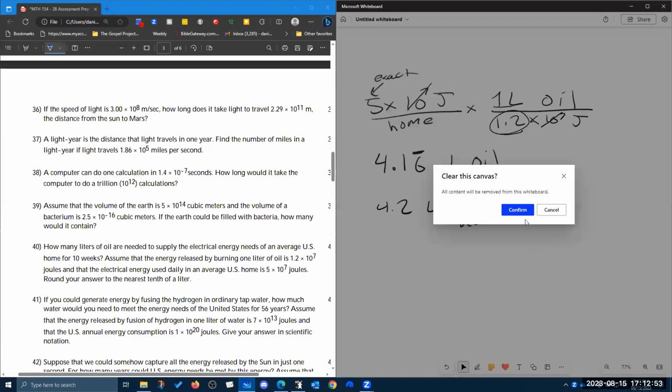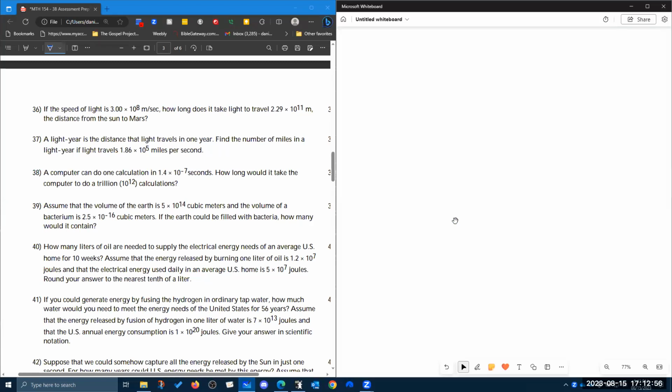If you could generate energy by fusing the hydrogen in ordinary tap water, how much water would you need to meet the energy needs of the United States for 56 years? Assume that the energy released is 7, 10, 13th joules, and that the annual energy consumption of the US is 1 times 10 to the 20th joules.